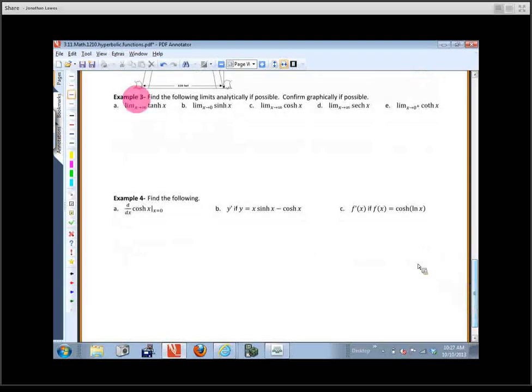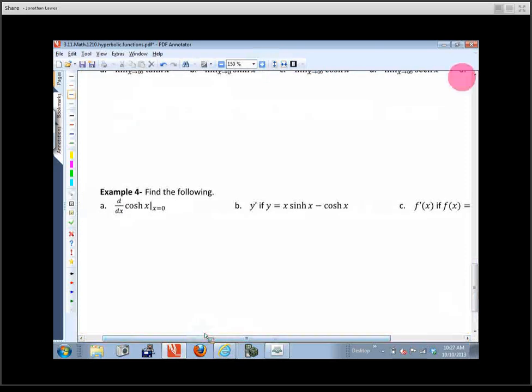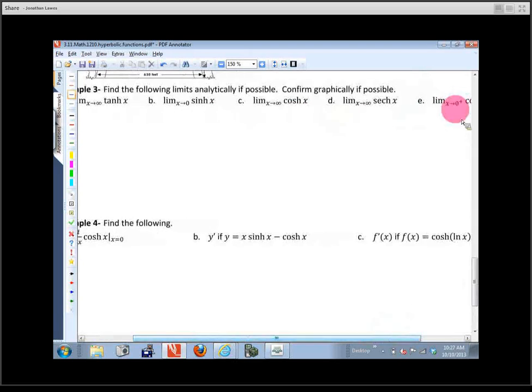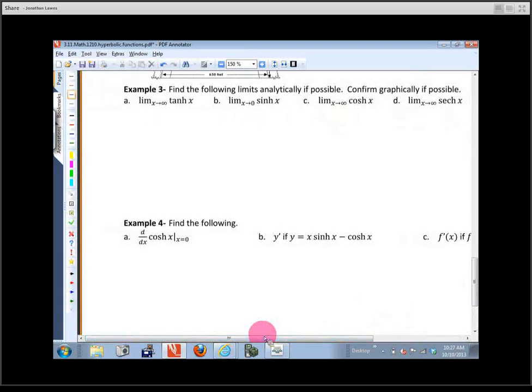So let's do this first one right here. We'll pay attention here because it changes from infinity to 0 to infinity, and then I think the last one is 0 from the positive side. So let's think about what this would be and how we'd figure this out analytically using those techniques that we learned in Chapter 2. So remember, limits don't go away in this class, and they don't go away when you take 1220 either.